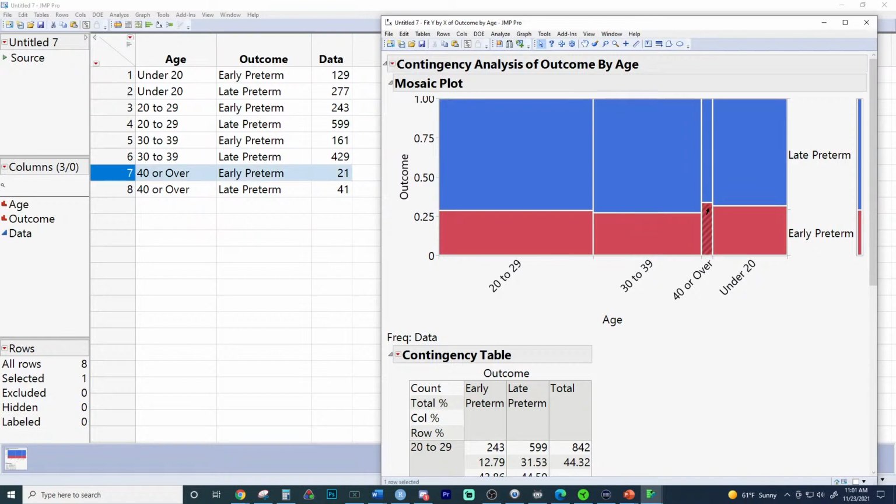So within the over 40, the early term is 33%, where the under 20 is 31%, 32% basically. All these percentages, like 27, that's a little bit lower, but they're all within a few percentage points of each other. And why does this look like this, Jillian? What's the deal with this?